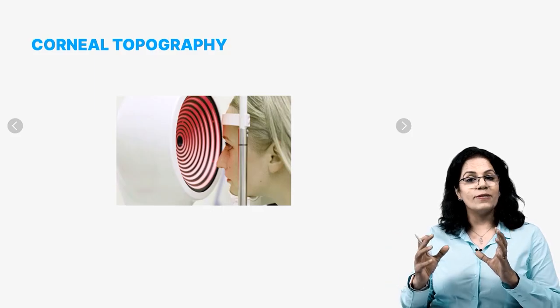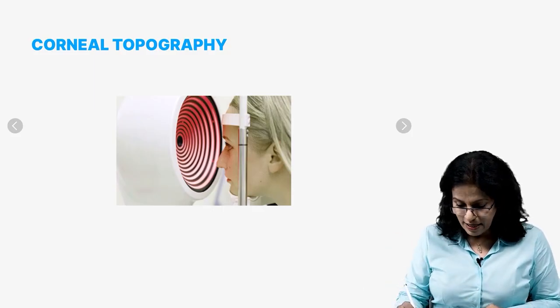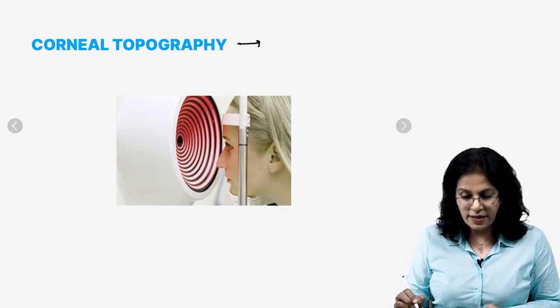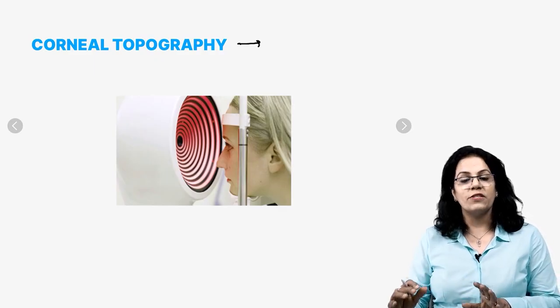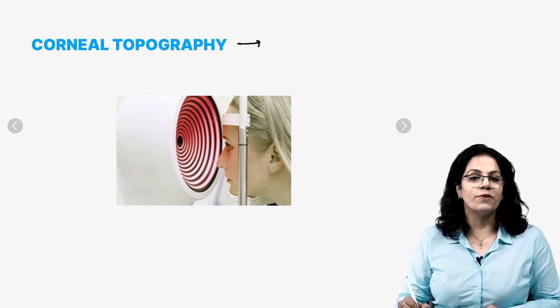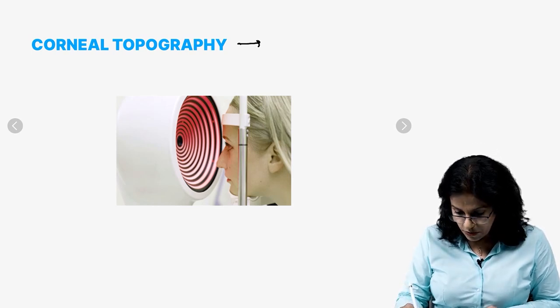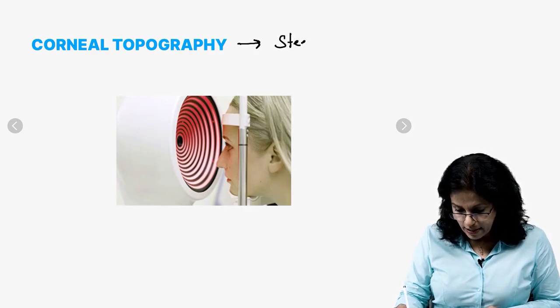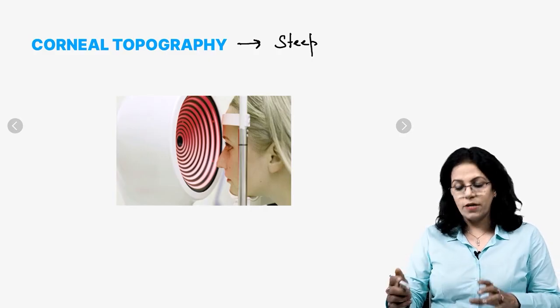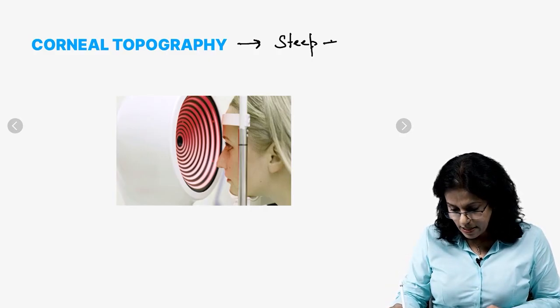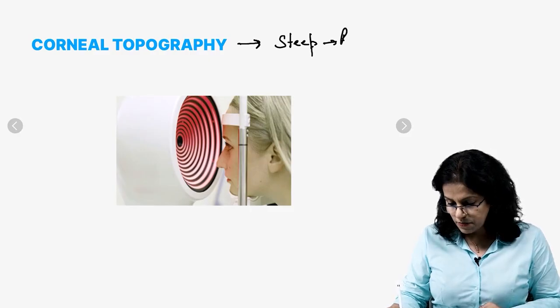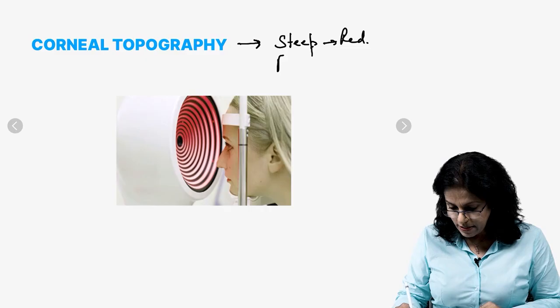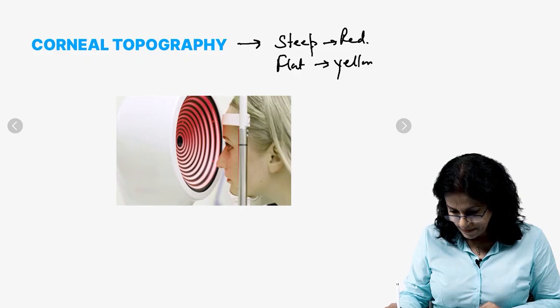Based on the Placido's disc is another investigation. This time it is not a rough assessment, but we can actually measure the different curvatures of the cornea. It is corneal topography. Again, the marks are shown on the cornea and there is a color coding. The depiction is in a color coded manner, that is, steeper the axis goes into warmer colors, that is it will show as red, and flatter axis will show as cooler colors like yellow.